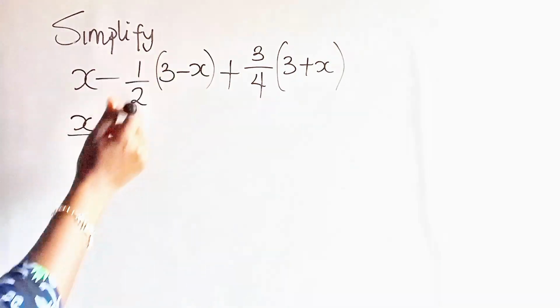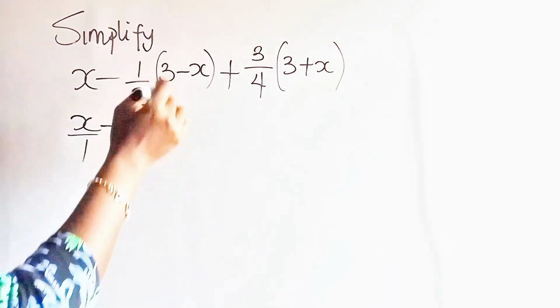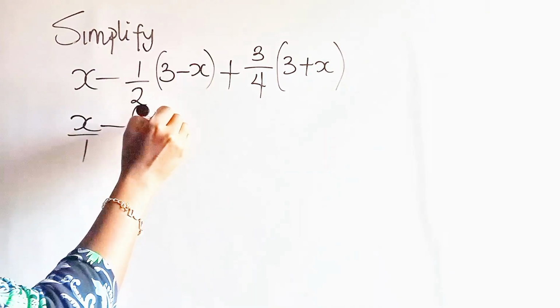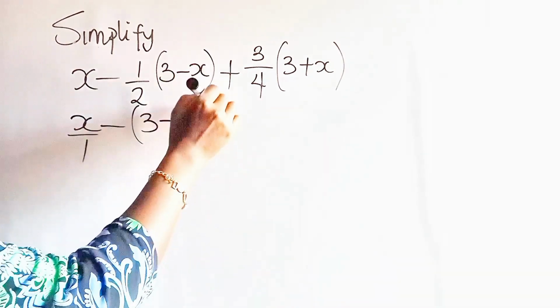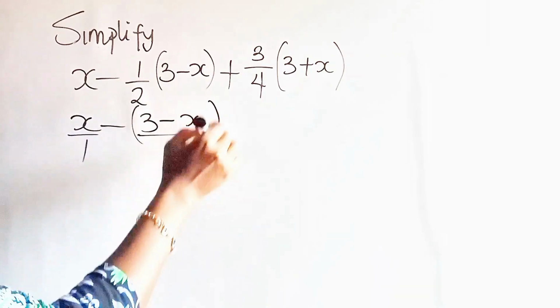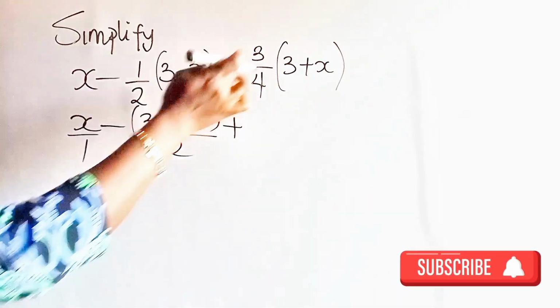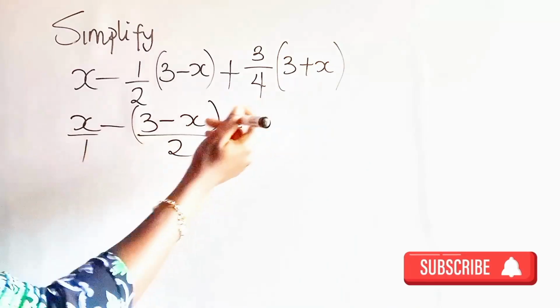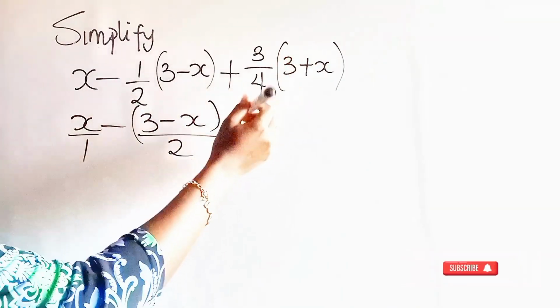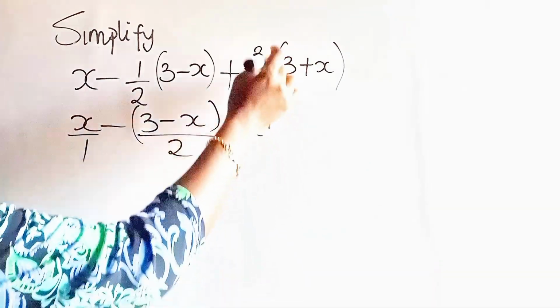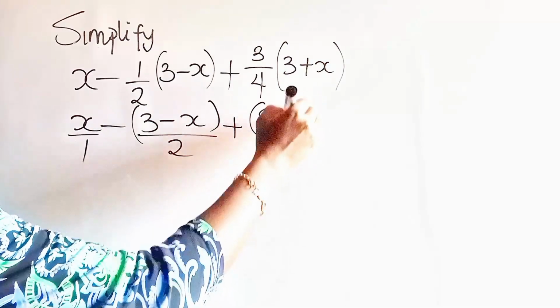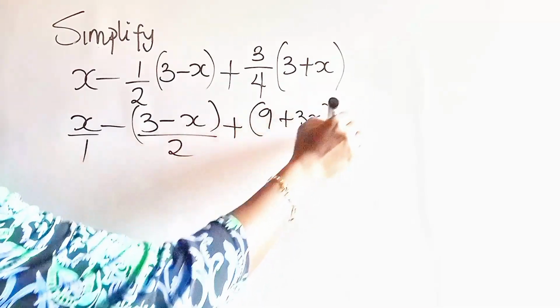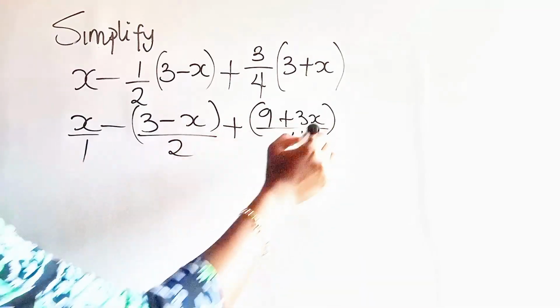So 1 times 3 would give 3. 1 times minus x would give minus x all over 2 plus, we use this 3 to multiply the terms in the bracket. So 3 times 3 would give 9. 3 times plus x would give plus 3x. Close the bracket, all over 4.